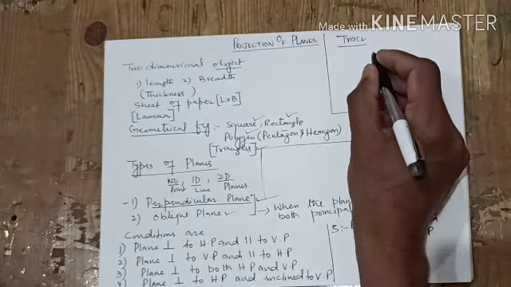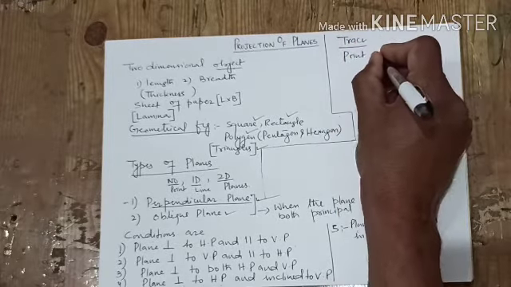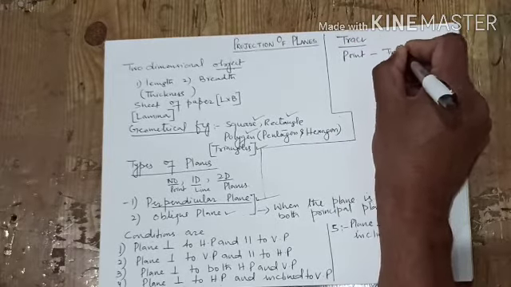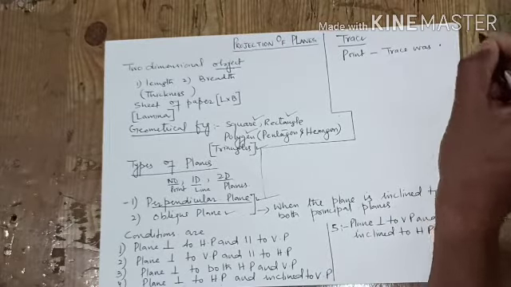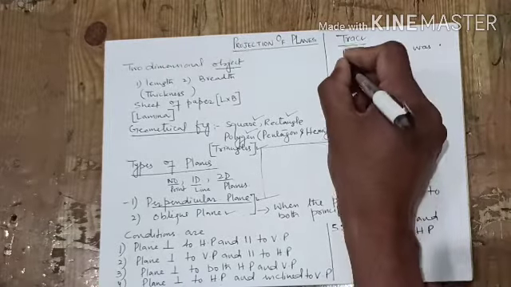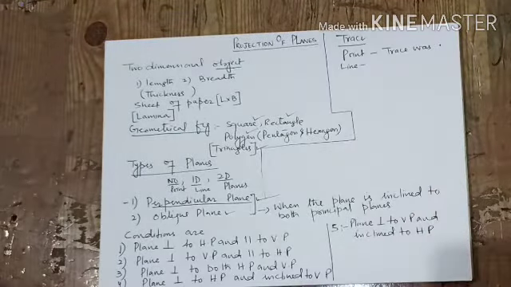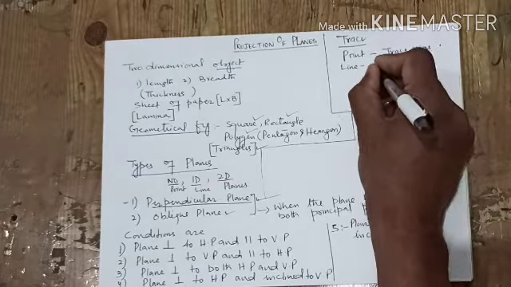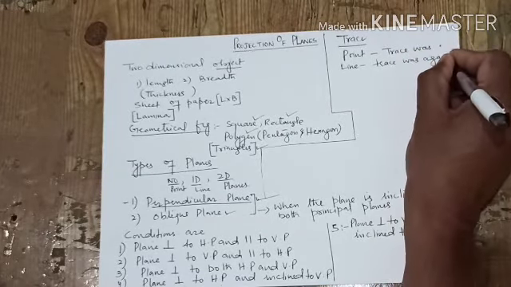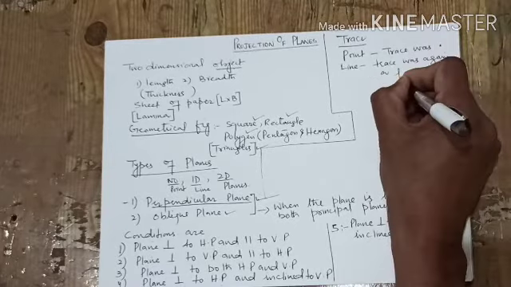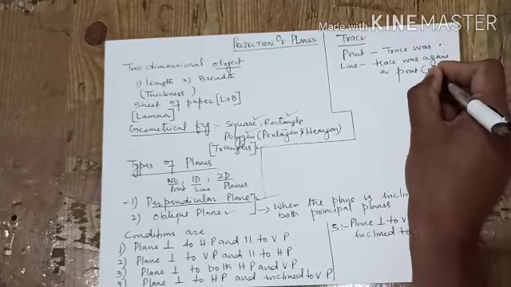As you know, in case of a point, the trace was also a point, a dot. In case of a line, the trace was again a point, if you remember. Was it not? Yes, it was.